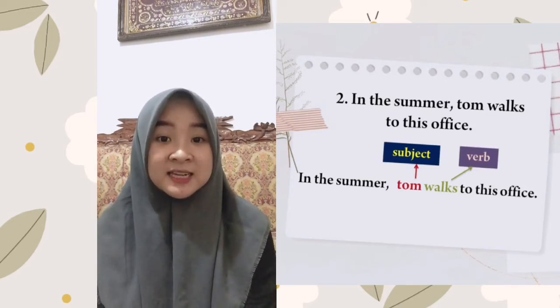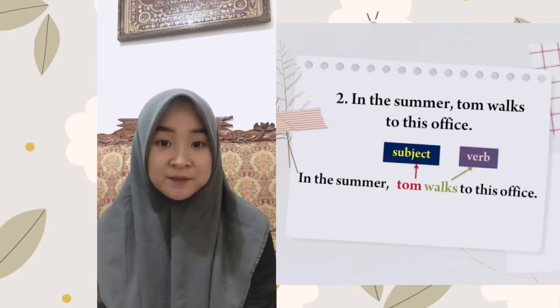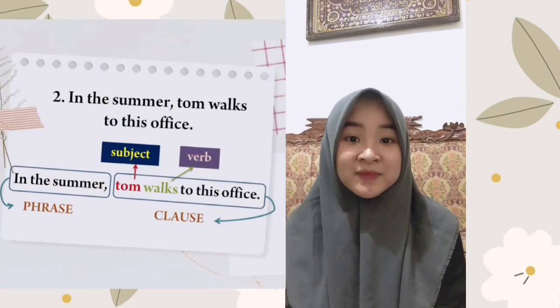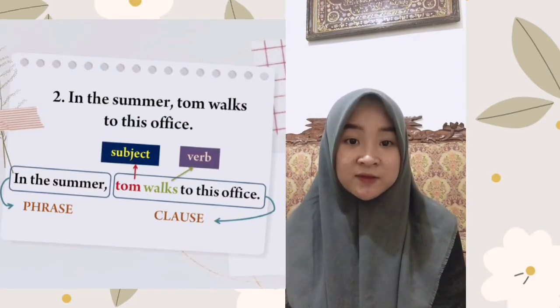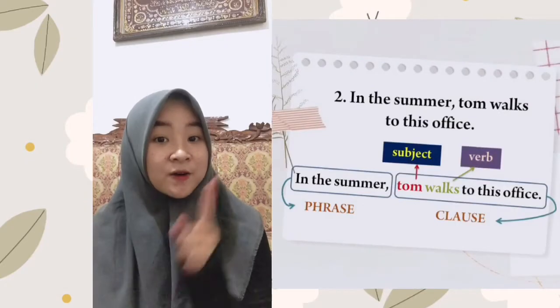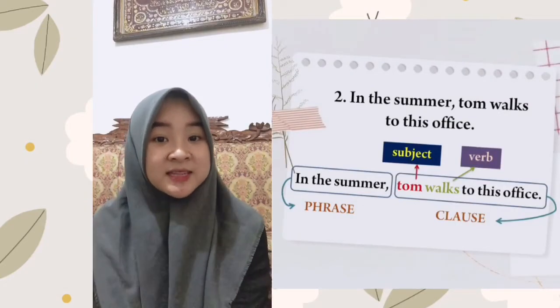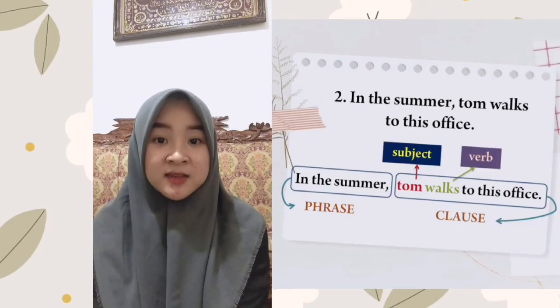Tom in the sentence is said to be a subject, and walks is said to be a verb. In the second example, it is a little different from the first example, because in the summer is a phrase, while Tom walks to his office is a clause. From this example, we can interpret that not all clauses are in front of the sentence.